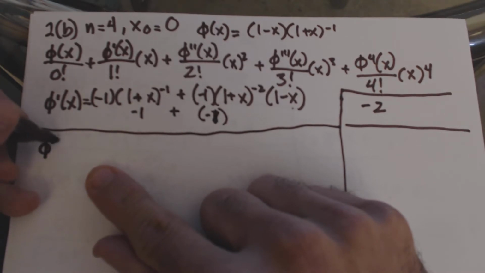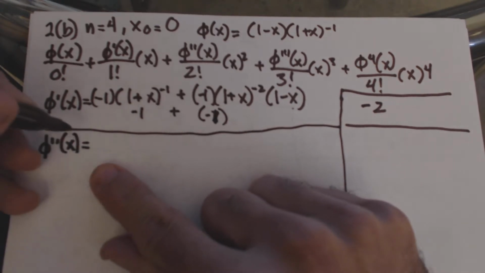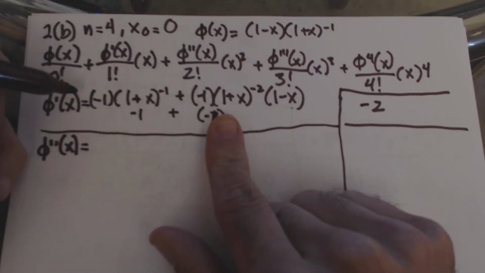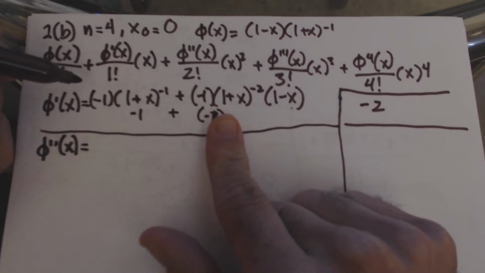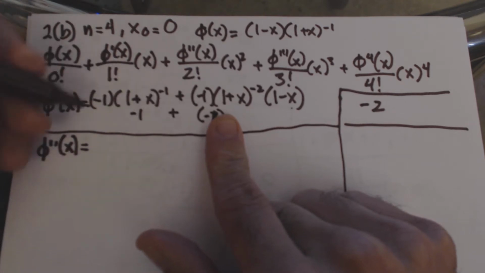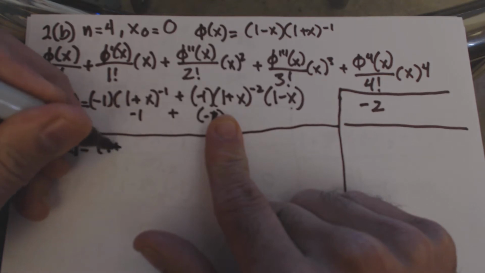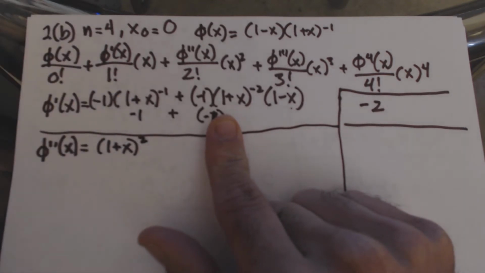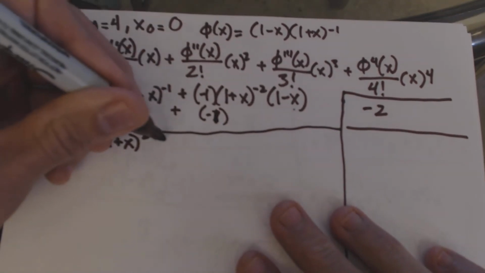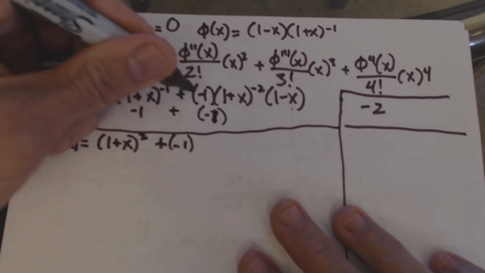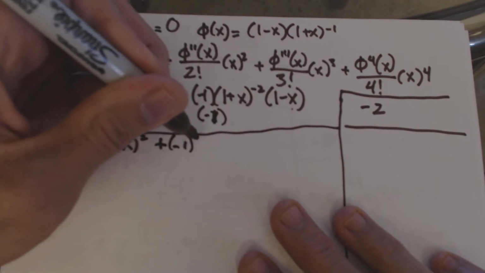Alright, let's get the second derivative. So we have 2 terms here that we need to take derivatives of. Let's take the derivative of the first one. It's going to be negative 1 times negative 1, which is going to be 1 times 1 plus x squared, plus negative 1 is outside. We'll leave that out there.